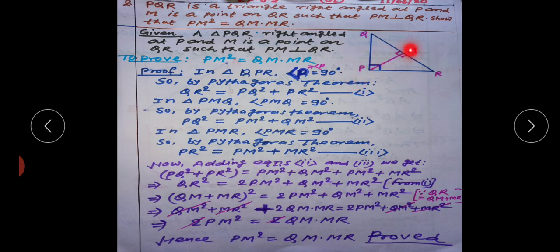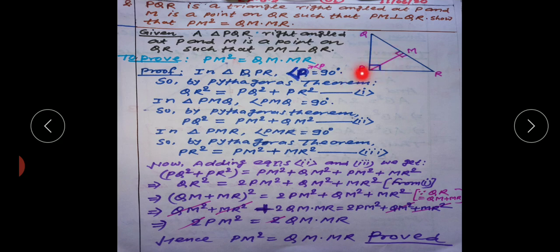Now in triangle PMQ, as PM is perpendicular to QR, angle PMQ will be equal to 90 degrees. So Pythagoras theorem is also applicable for this triangle PMQ. So by Pythagoras theorem, PQ square, the side opposite to the right angle being the hypotenuse, will be equal to the sum of the squares of the other two sides, that is PM square plus QM square, and let us consider it as equation second.